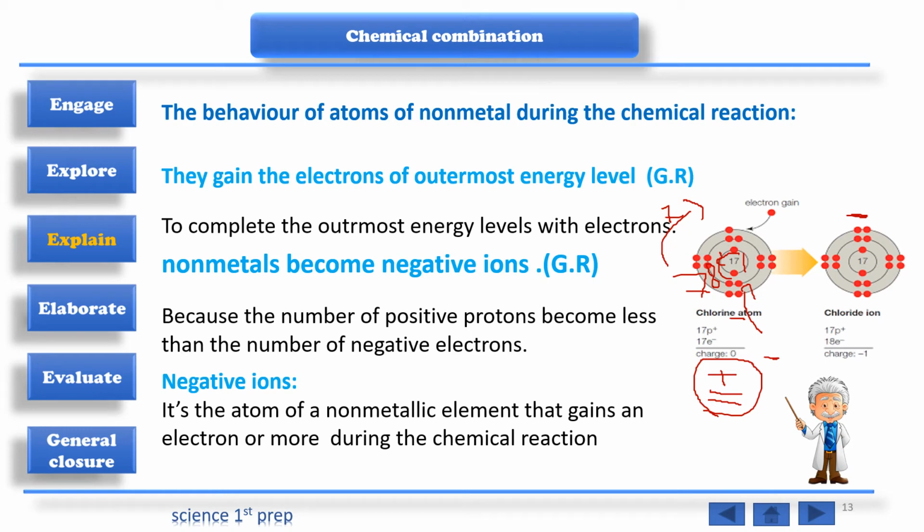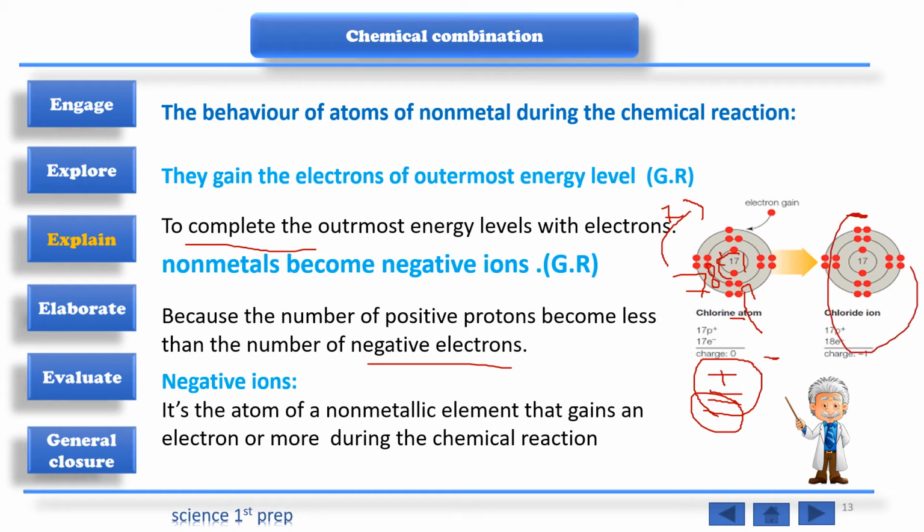Here we said that they gain electrons to complete the outermost energy level. Do non-metals become positive or negative? Yes, negative ions. Why? Because it gains one electron, so the number of positive protons becomes less than the number of negative electrons. What is the negative ion?